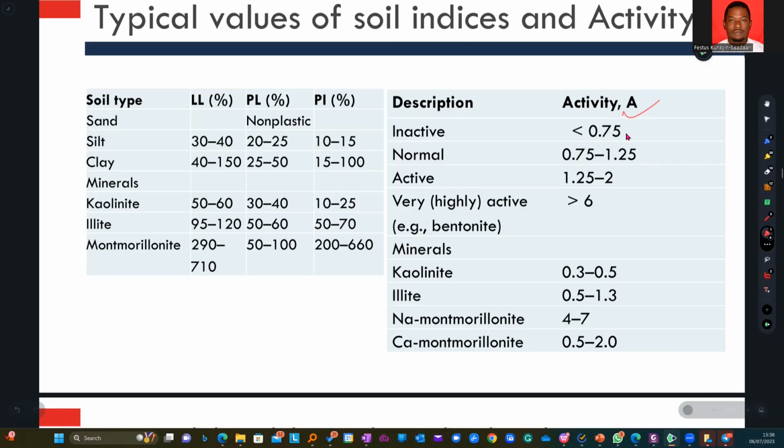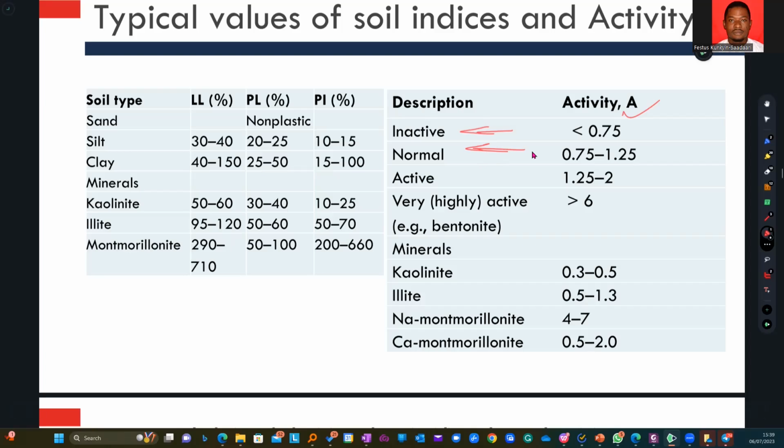So when you have an activity of 0.7 or less, you will say my soil sample is going to be inactive. It means that the tiny particles within the soil sample are not going to have any effect on the sample. And then we have that of normalcy.